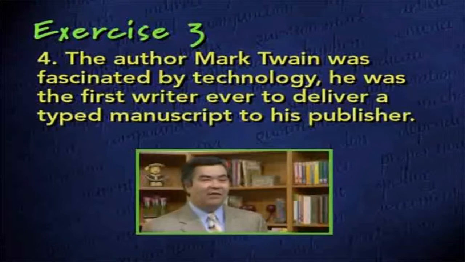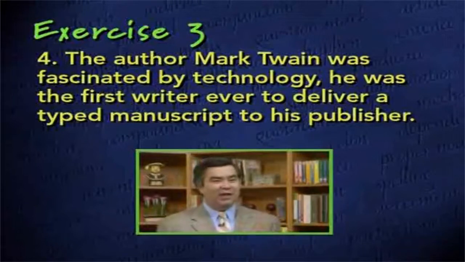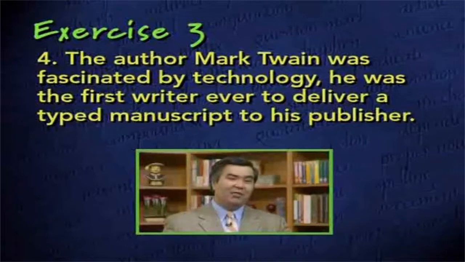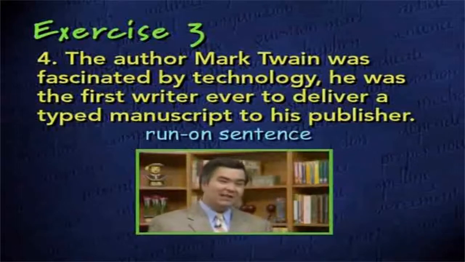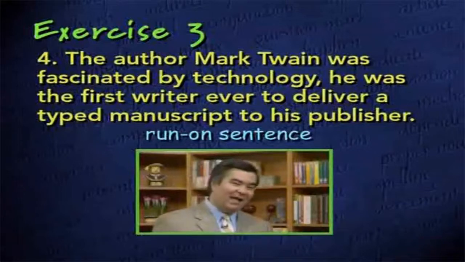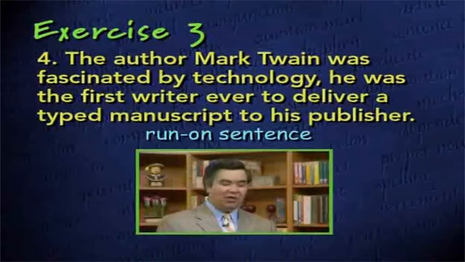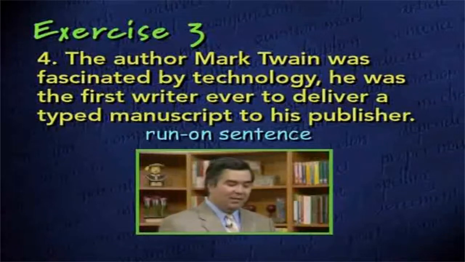Does that mean we have a compound sentence? No, because the rules for how you create a compound sentence have not been followed. The two independent clauses have simply been stuck together with a comma. So what do we have? We have a run-on sentence, and this is an error. It would have to be corrected either by adding a coordinating conjunction, such as and, or but, or by substituting a semicolon for the comma in the middle of the sentence.